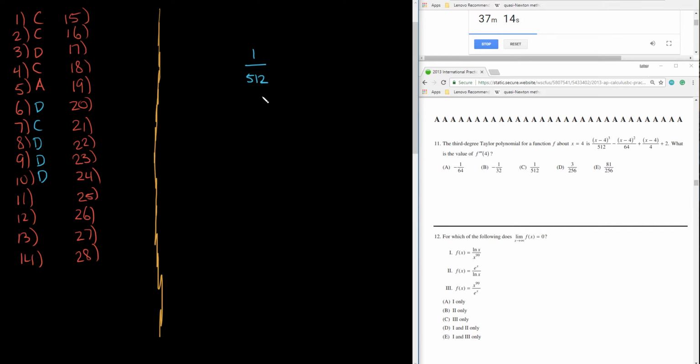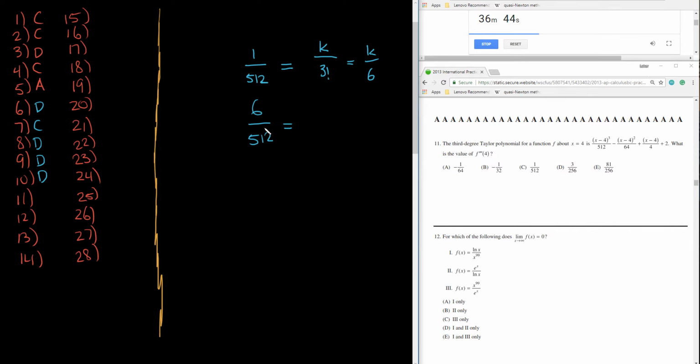It is definitely not the coefficient right off the bat, because you got to consider that this coefficient equals the real coefficient, which I'll call k, divided by 3 factorial, which is equivalent to k over 6. So what we really need to consider is 1 over 512 times 6. So that is 6 over 512.